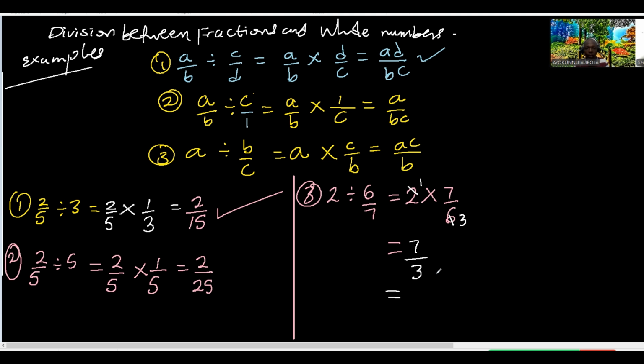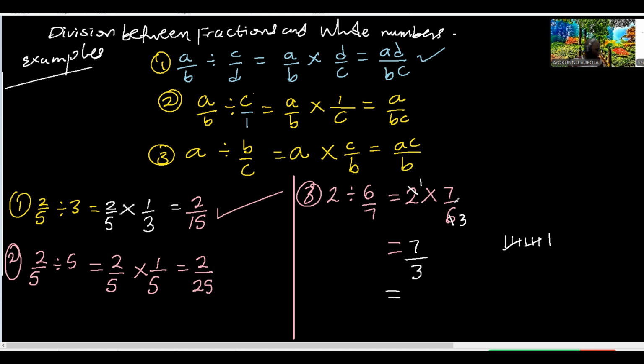Let's count. 1, 2, 3, 4, 5, 6, 7. How many 3? 1, 2. So how many 3 is in 7? 2. Remember what? Ring the 1. So that's what you should do next time, okay?